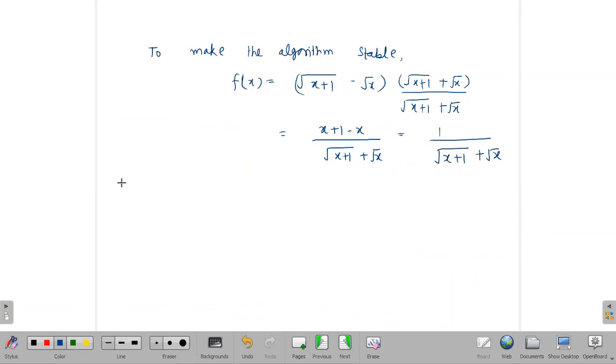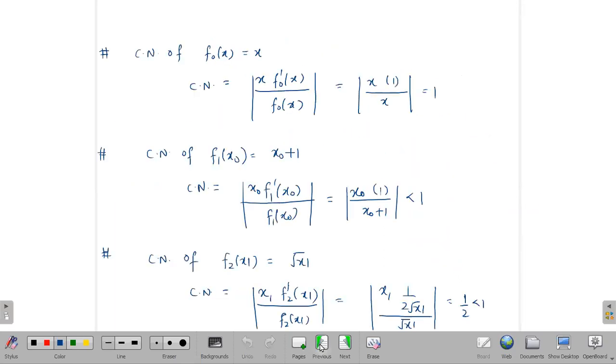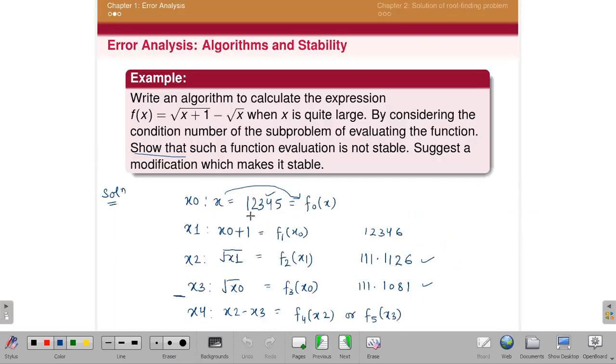If I'm writing the algorithm for this function, you have to calculate this expression again, at a very large number. So again, if you take the same algorithm, you have to take x here. Then in the next step, you have to add 1 to the number.